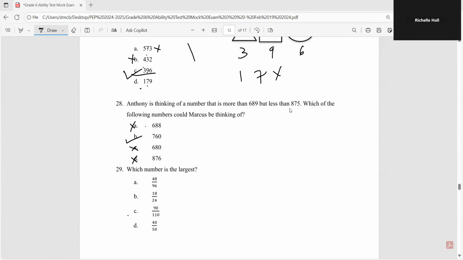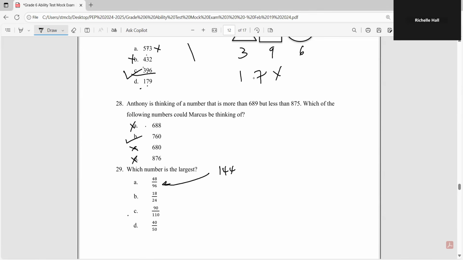So, sir, what I did was that I added them up. So I started with 48 and 96. And when I added that up, I got 144. Then for B, when I added up 18 and 24, I got 42.